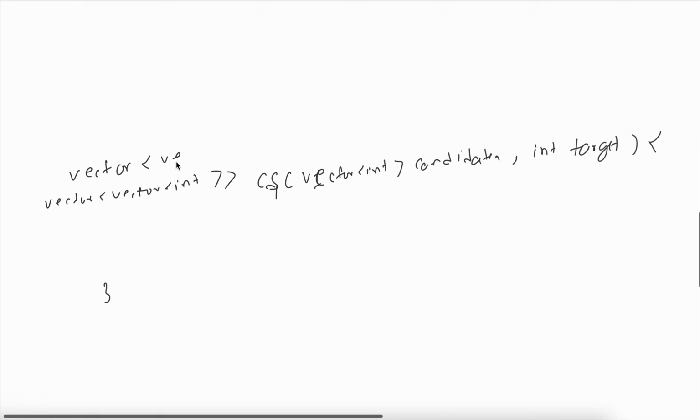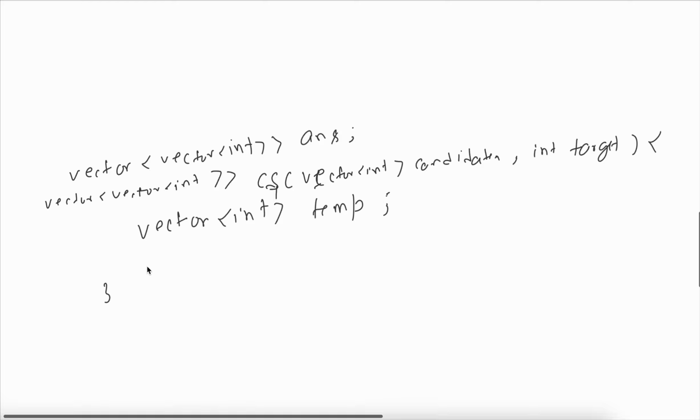Now we need a temporary vector which will hold our combination at an index.